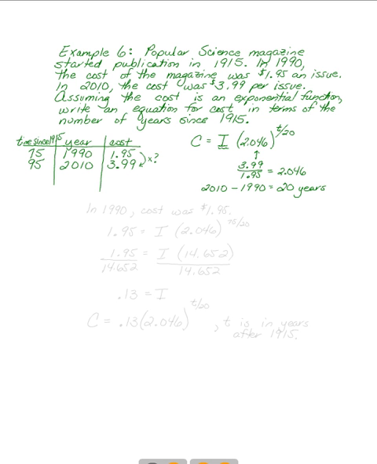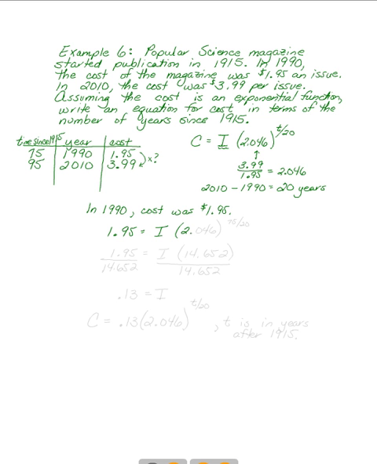In order to do that, I'm going to use one of the points that we have. We can use either the first point or the second point in our table. I'm going to use the first one, and we know that in 1990 the cost was $1.95. If I put that information into the equation we have so far, the cost was $1.95. I do not know what the initial cost of that magazine was.